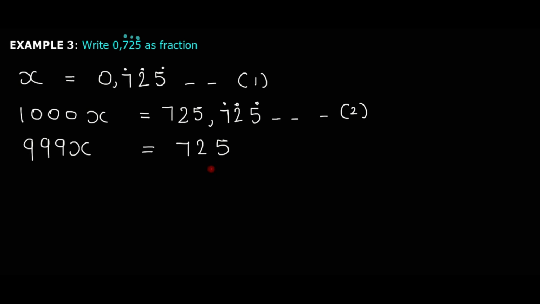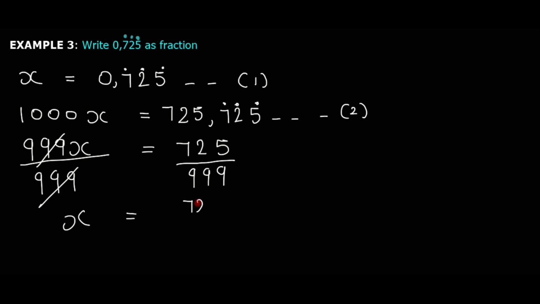Then from there we solve for x. This means we divide both sides by 999, and this one and this one cancel, so x is equal to 725 divided by 999, and this is our final answer.